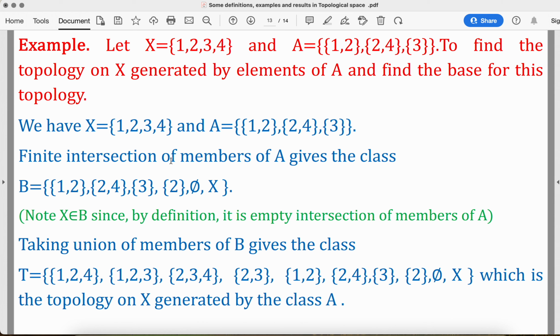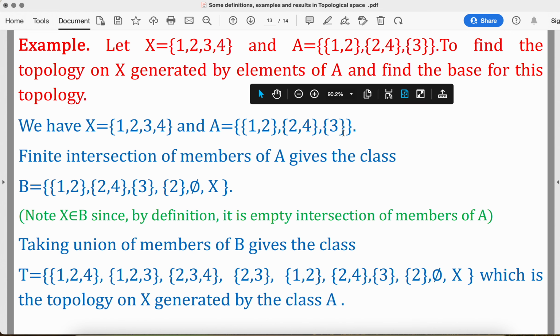So finite intersections of members of A give the class B. We have written these {1, 2}, {2, 4}, {3}. These are the elements of A, and if we intersect the sets {1, 2} and {2, 4}, the intersection of these two sets is {2}.